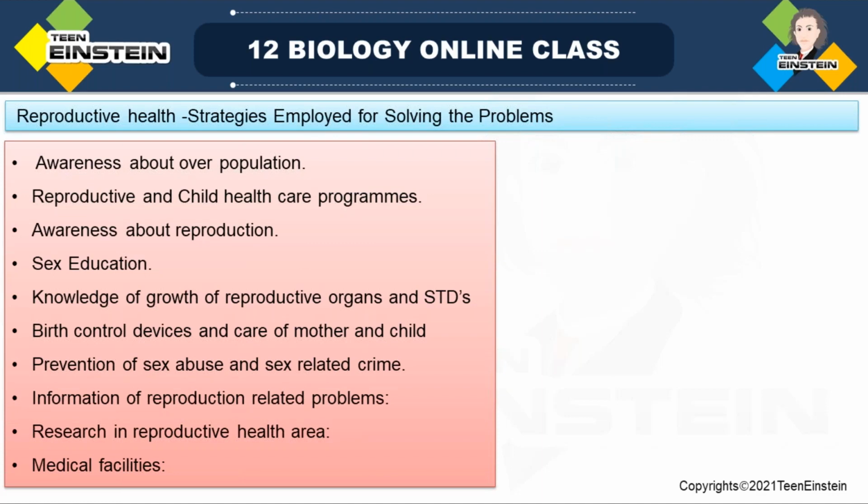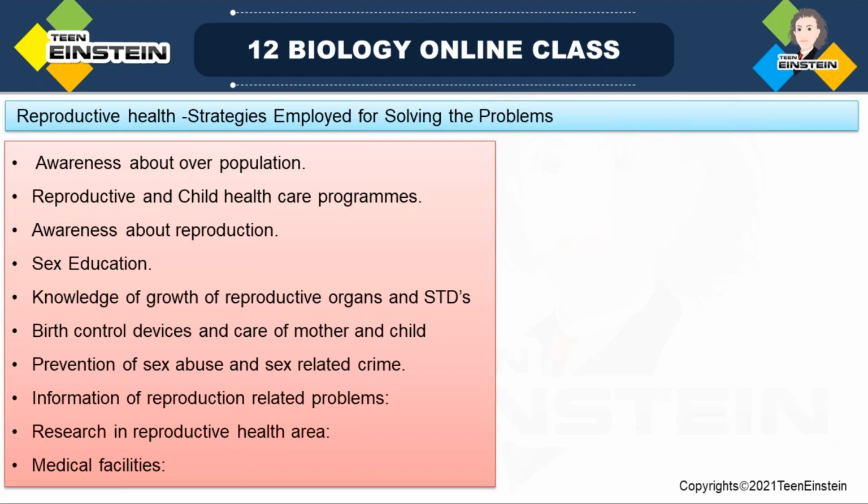When we are giving proper prenatal care and postnatal care, medically assisted deliveries, and awareness about sex related problems like sexually transmitted diseases, if you are providing all these facilities and awareness, the infant mortality rate and maternal mortality rate both will decrease, right?